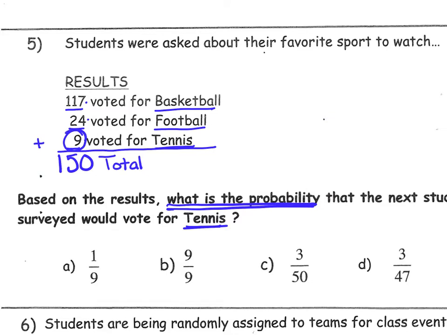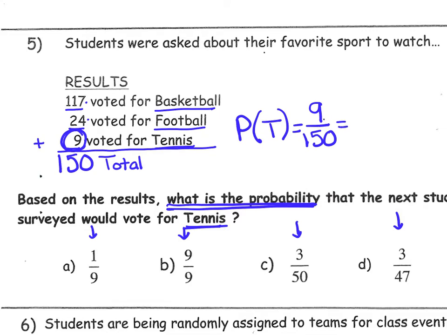Obviously, tennis is the least popular of all, but the probability of tennis is equal to 9/150. Please record that on your paper. Now, some people have a difficult time reducing this fraction. And if you look at all the answers we've been provided, they're all in fraction form. So this fraction has to be reduced.